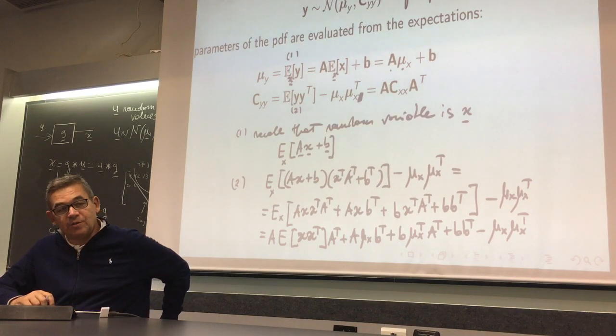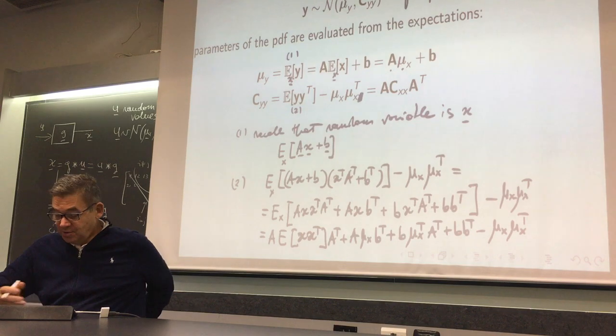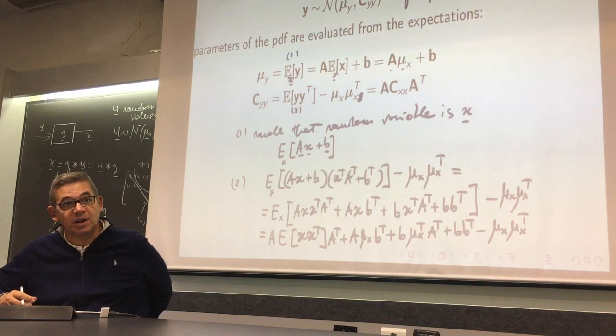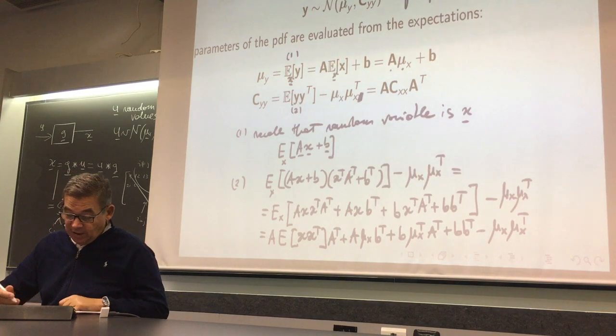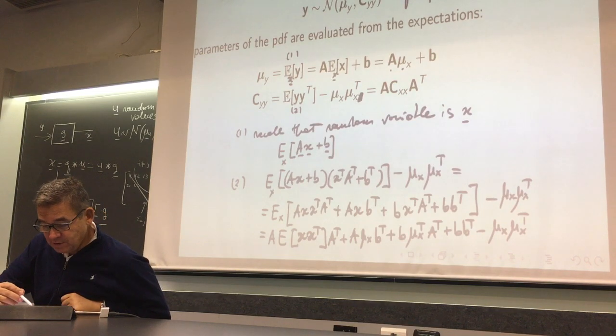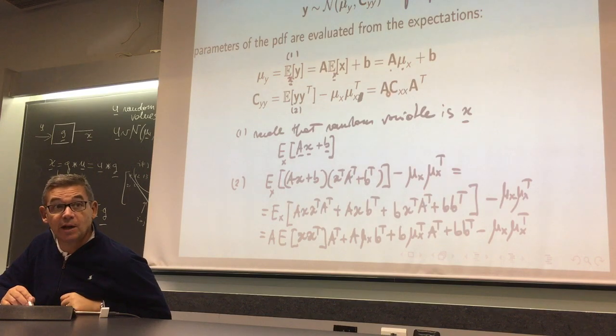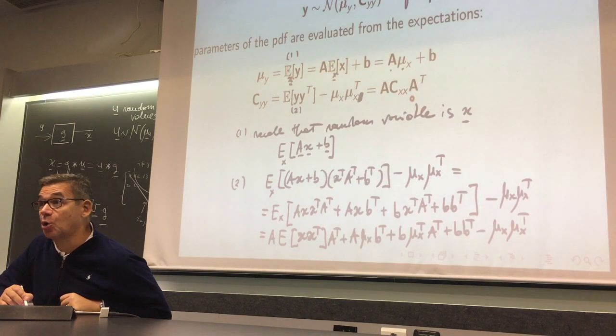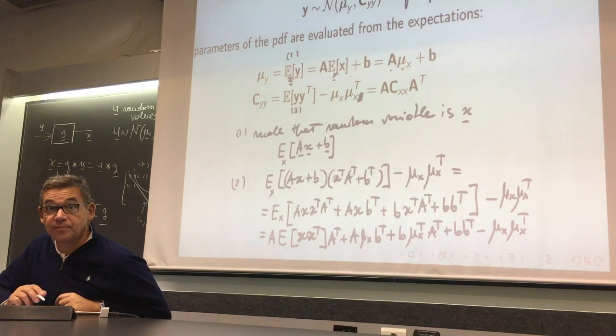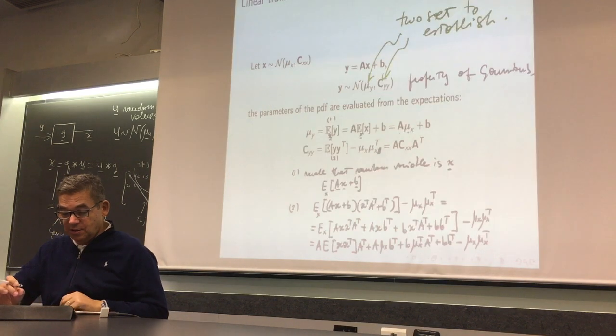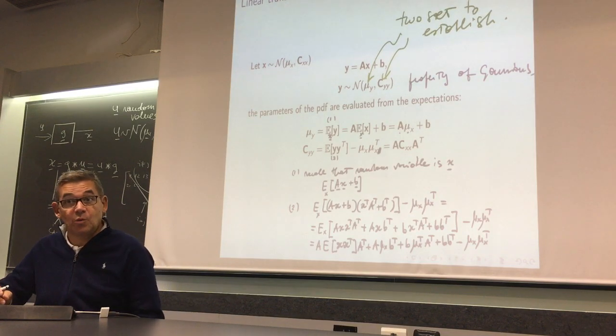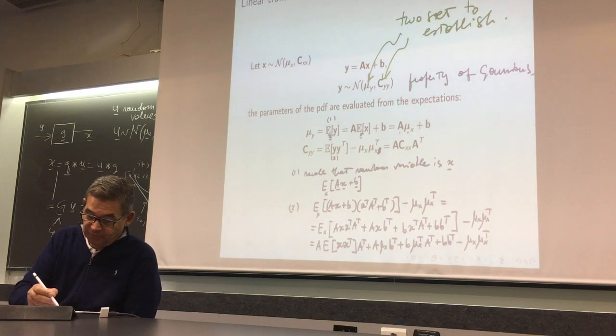Then you use the definition of the covariance of x, and you see that there is a coincidence. So at the end of the story, what comes out is that the covariance of y is equal to the covariance of x multiplied by a and a transpose. So it depends on the correlation properties of the entries of x.